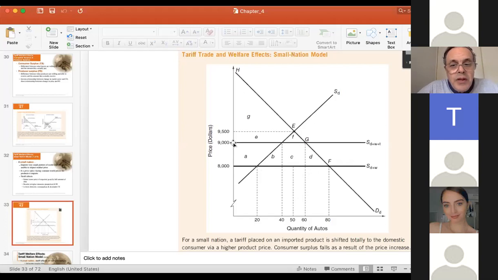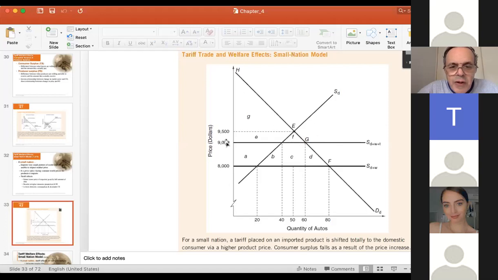So now my new world supply plus tariff will be at 9,000. Again, I'm going to draw my new supply curve, which will represent the world price plus the tariff. At 9,000, how much will consumers purchase? You can see from the demand and new supply, consumers are willing to purchase 60 autos.